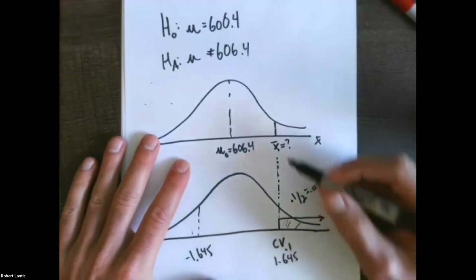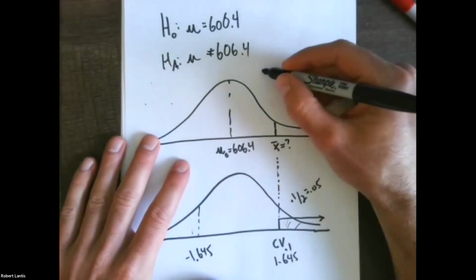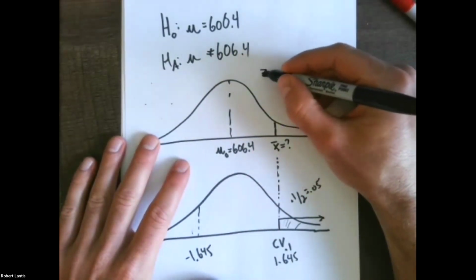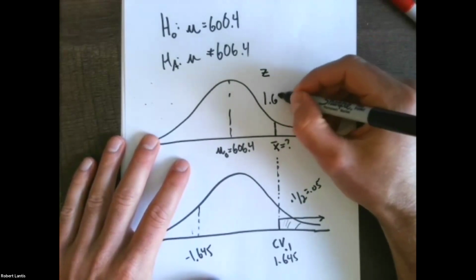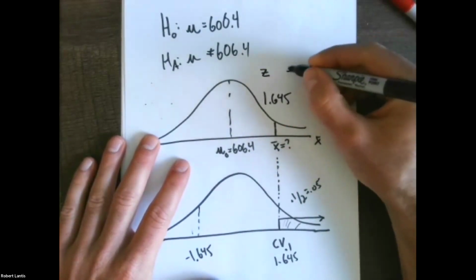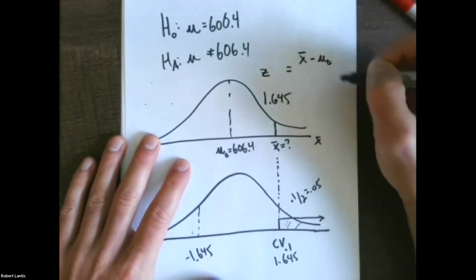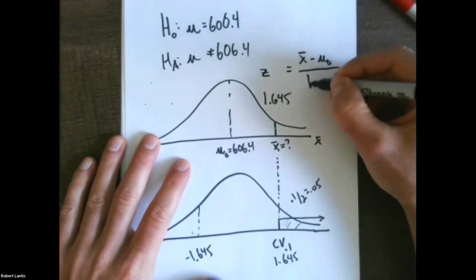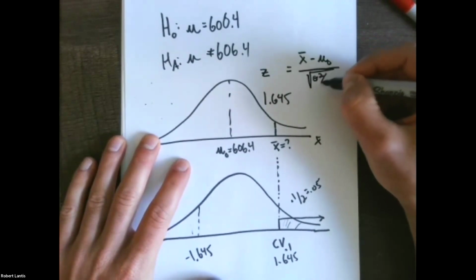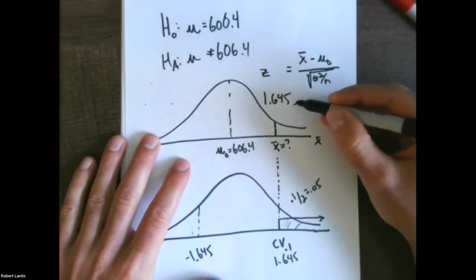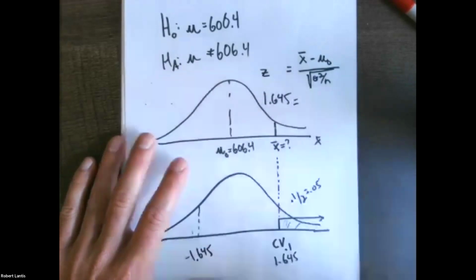So that cutoff, what sample mean would that correspond to? Well, if my z value was 1.645, my z value is equal to the sample mean, subtract the assumed true population mean, over the square root of variance over sample size. So here, it's a matter of plugging things in, right?